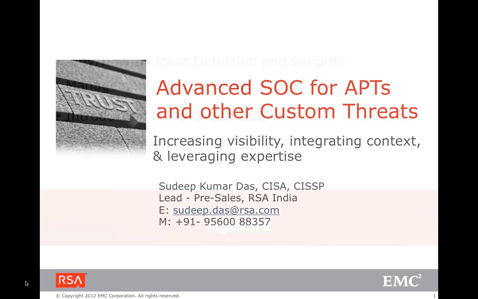So the agenda really would be how incident detection capabilities have to evolve to cater to the newer requirements, how we can use the platform Security Operations Center to address the requirements of incident detection, and what RSA is really doing to fulfill that particular requirement.